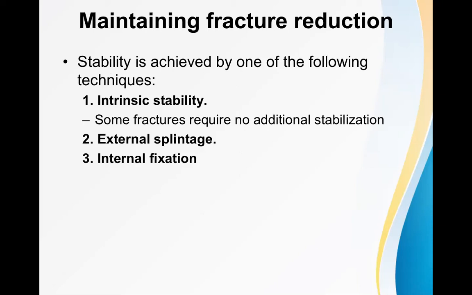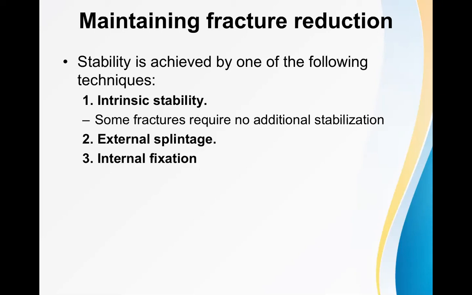So intrinsic stability means some fractures require no additional stabilization, like fracture of the pelvis, maybe fracture of the rib, fracture of the skull bone. These are flat bones, there's not much muscle attached there, so there will be no displacement of the fracture, so we don't need to do anything.